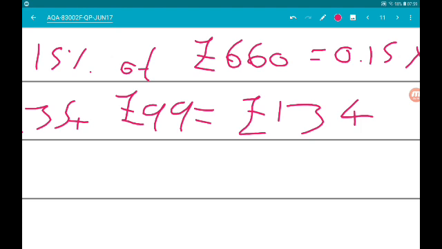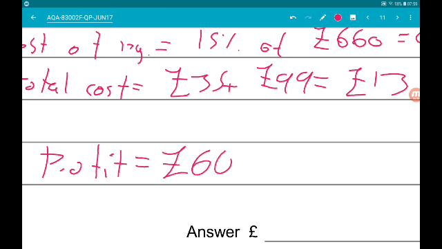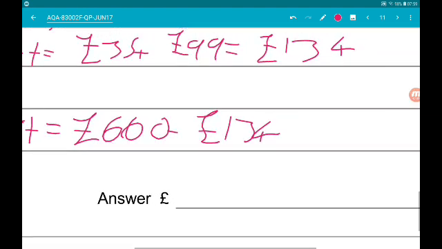So his profit is 660 minus 134, which is going to give us 526 pounds. Cool.